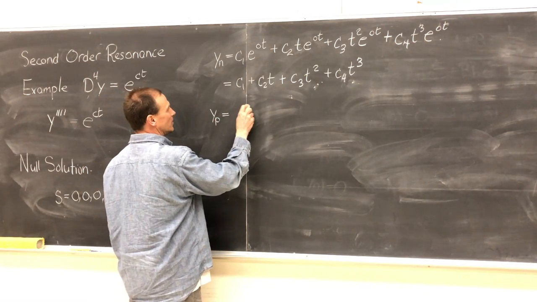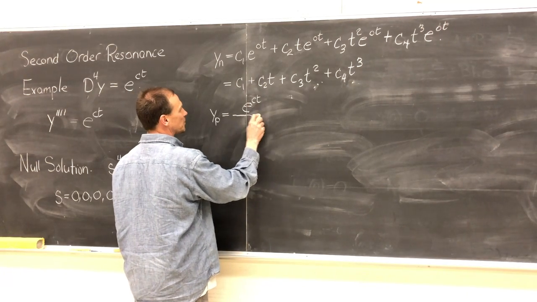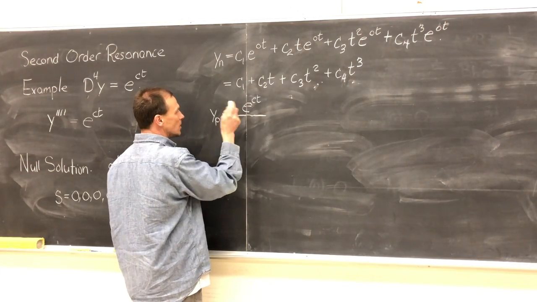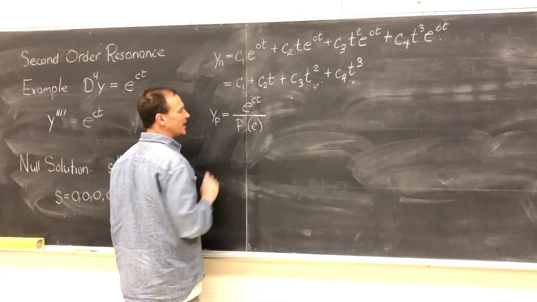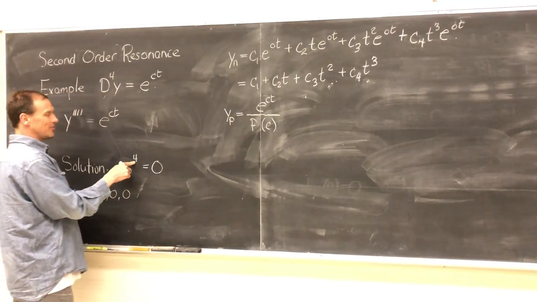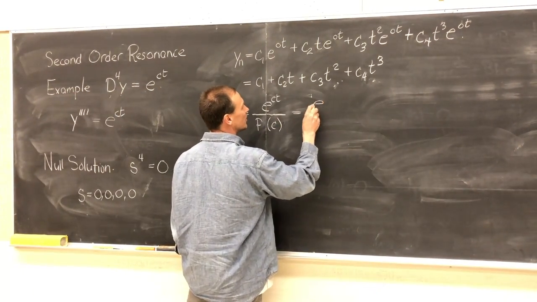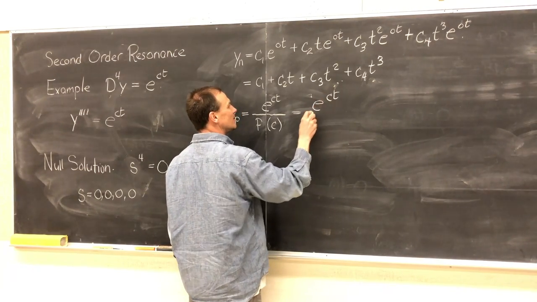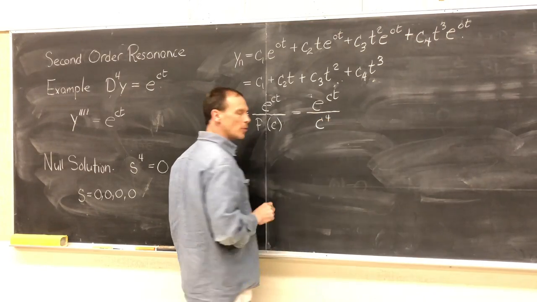Now, our particular solution, y particular, well, we already know that. That's just e to the ct over the polynomial evaluated at c. My polynomial is just c to the fourth power, so my specific particular solution is e to the ct over c to the fourth.